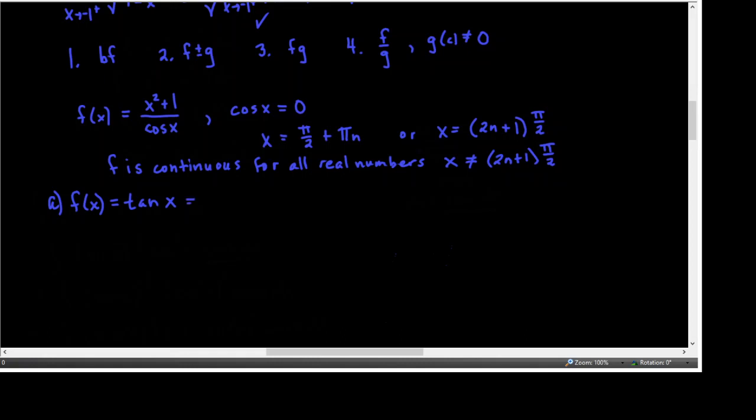So to think of that, I need to realize that tangent of x, according to the quotient identities, is equal to sine of x over cosine of x. And that implies that cosine of x can't be 0, which from the earlier discussion means that x can't be an odd multiple of pi over 2.